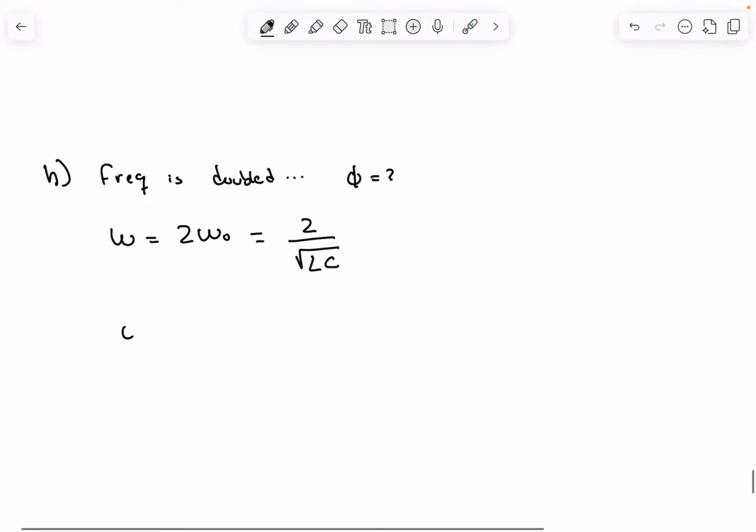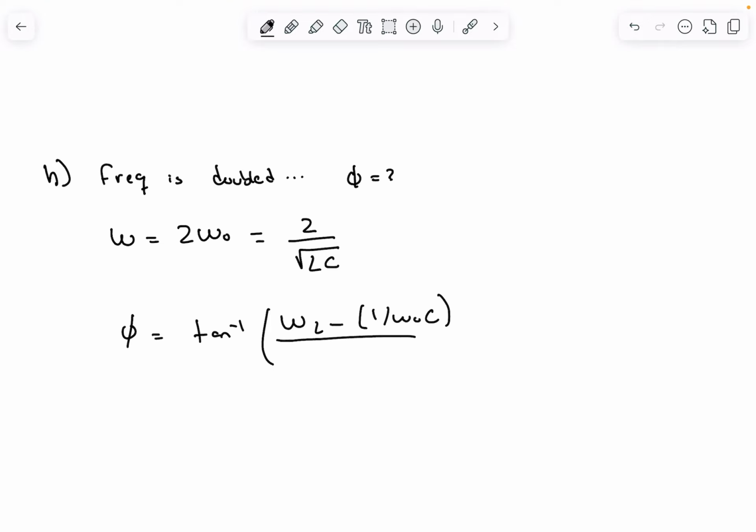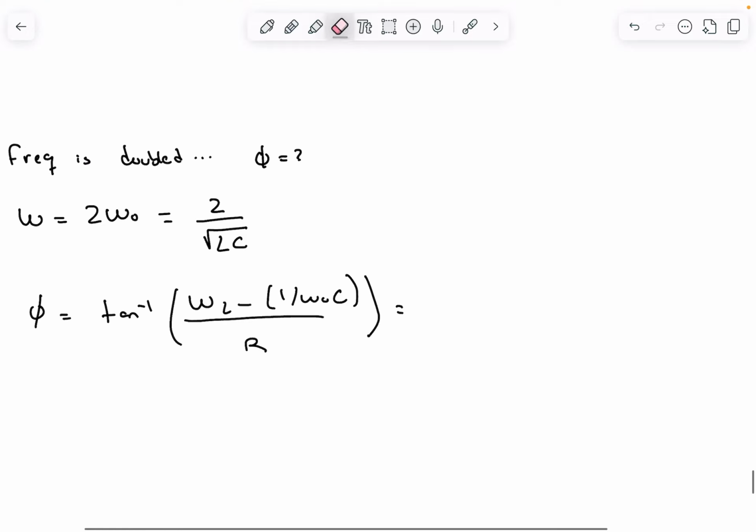Now whenever we write out our equation for phi, every time we see an omega, we're just going to replace it by 2 over square root of LC. We have tan inverse of (XL minus XC) divided by R. Then I should replace this here, it's not omega naught now, it's just omega.